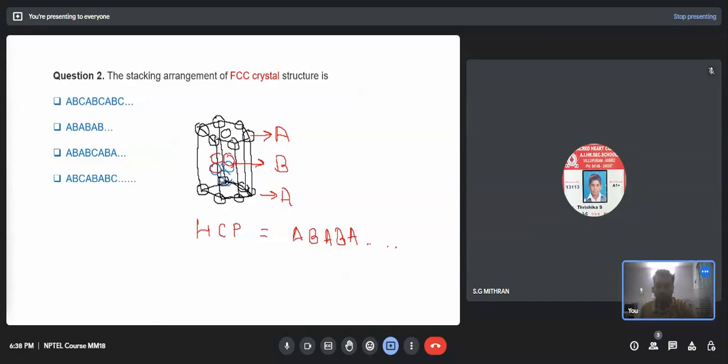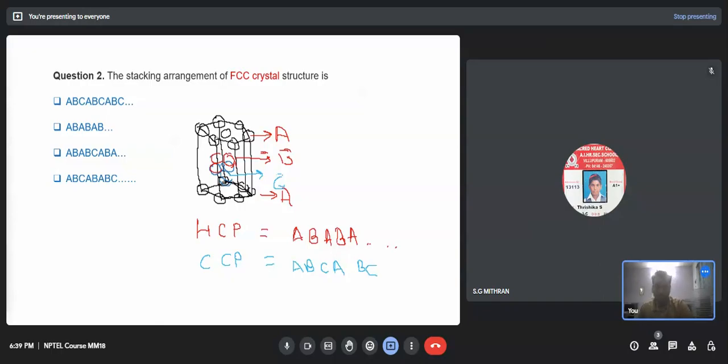Okay, so here the packing will be like B, and this one will be C. So in CCP, the packing will be A B C, A B C. Okay, A B C, A B C.